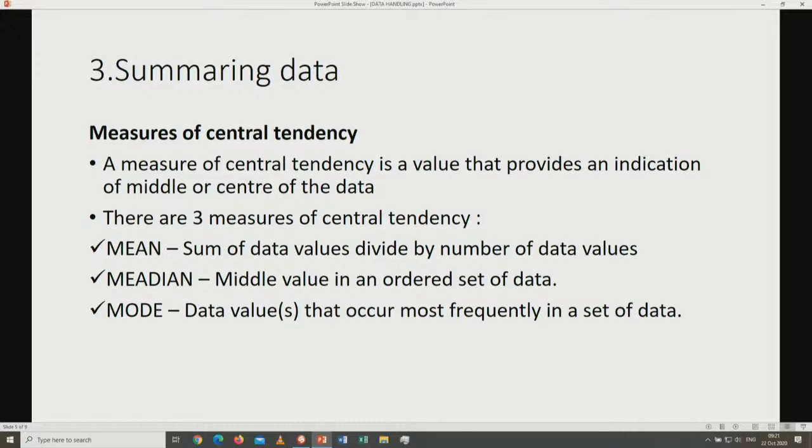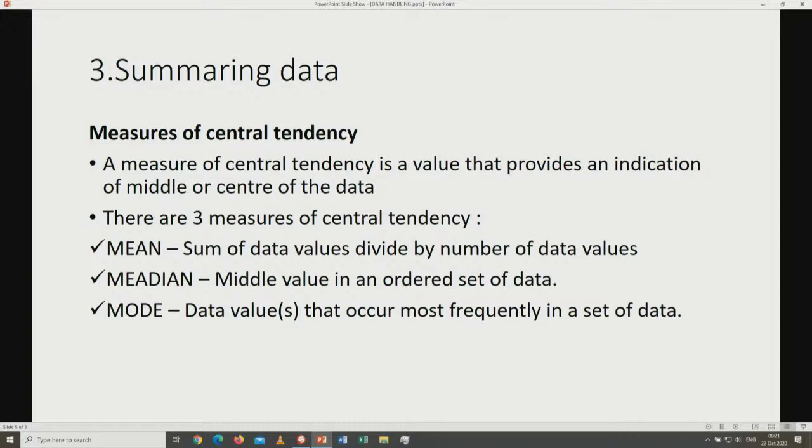So it doesn't necessarily mean we'll always have one mode. Sometimes we can have two modes, it's possible. We can even have three, as long as those numbers appear more than any other number.